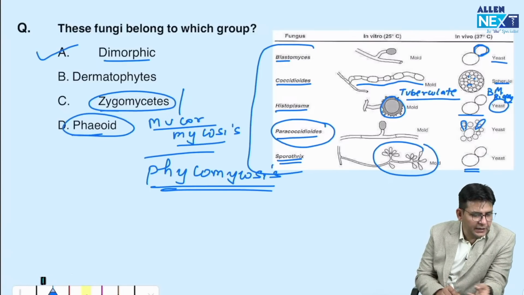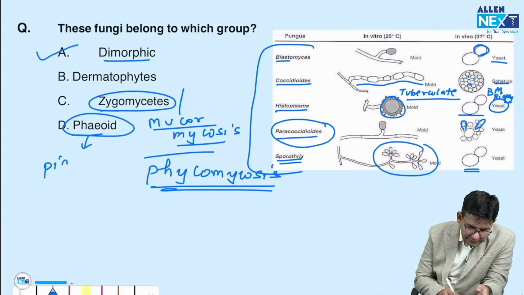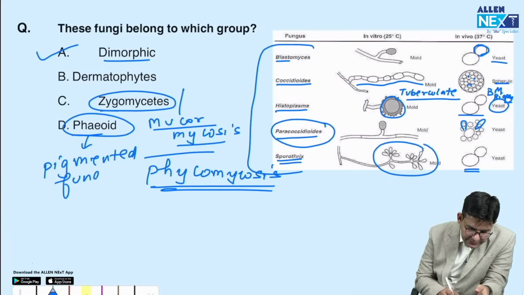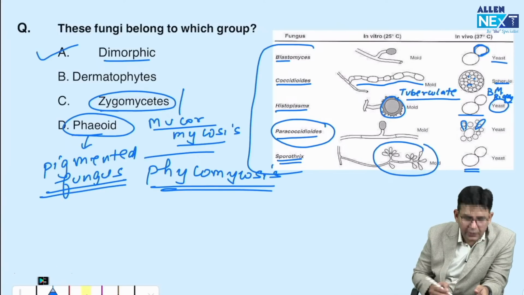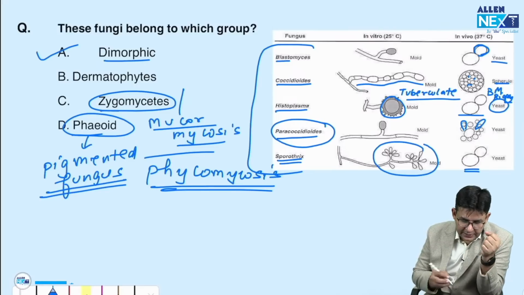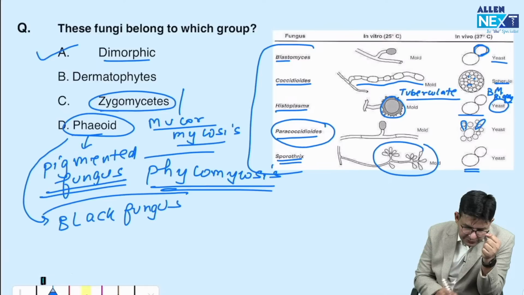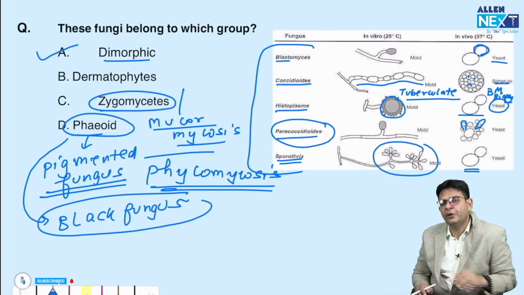Pheoid, if this particular name comes, this is termed as pigmented fungus. This name also can come in the exam, pigmented fungus, okay, darkly pigmented ones. And they are termed as melanized fungus. And these pheoid only have certain names which are termed as black fungus. So remember this particular point for your lifetime.